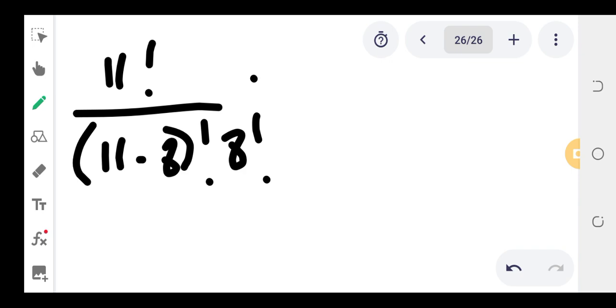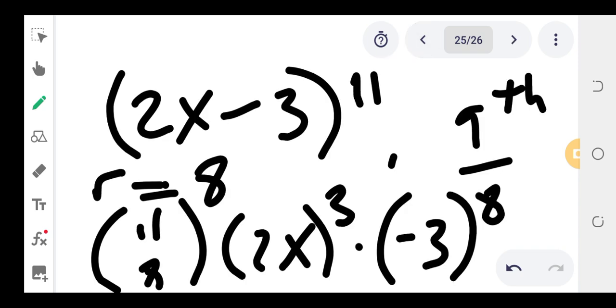So 2x to the power 3 is simply 8x to the power 3, because the whole of that thing is being affected by the power. Then we have 3 to the power 8.